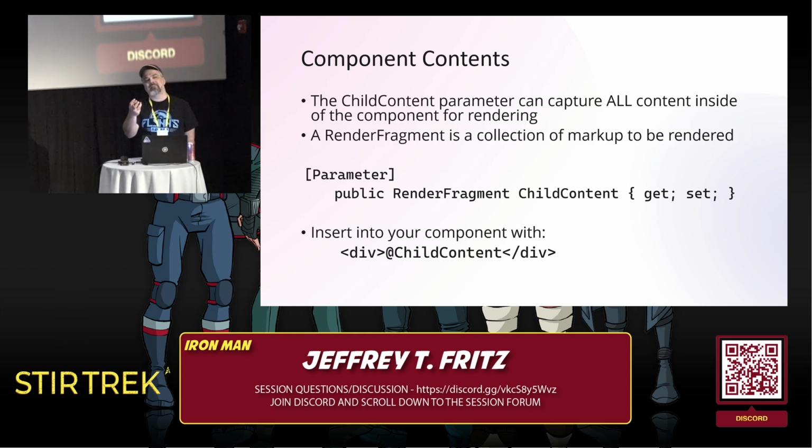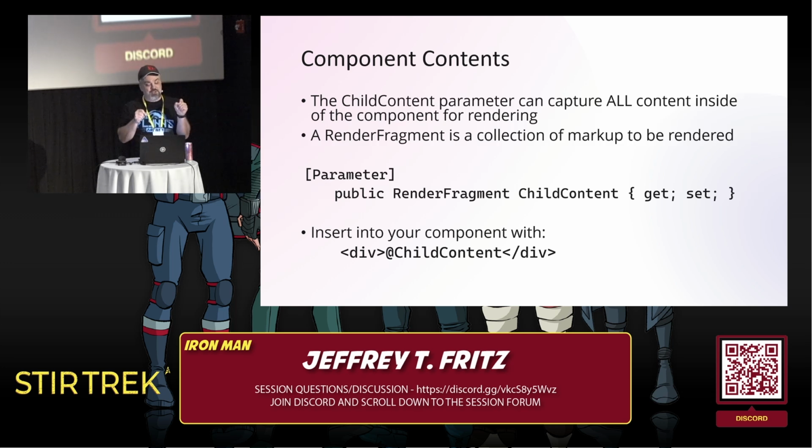Now, a render fragment is just a block of HTML and Razor markup. So that can be HTML mixed with C#. It can be references to other Blazor components. It's easy to just mix that all together, and that collection of markup will be passed along. There is a default capability that you can use called a child content property.